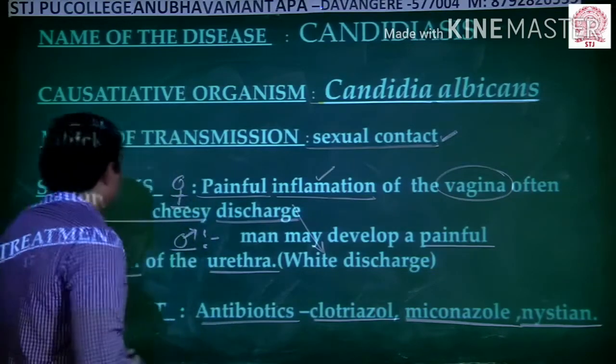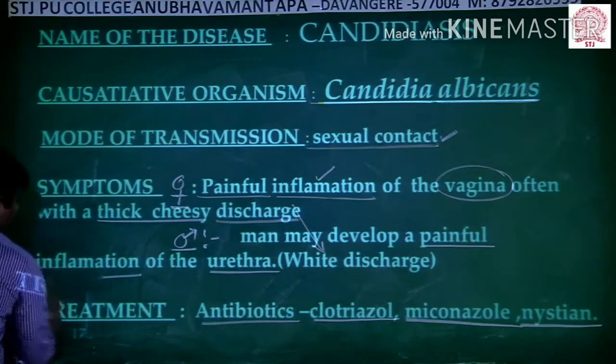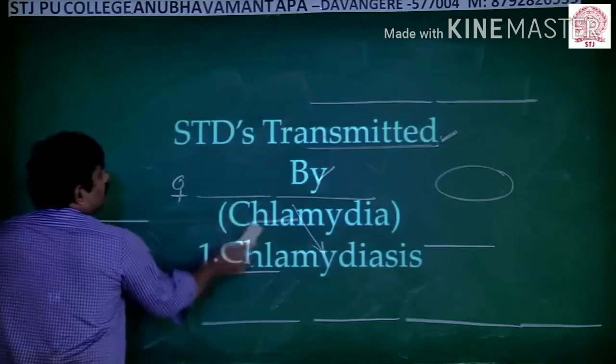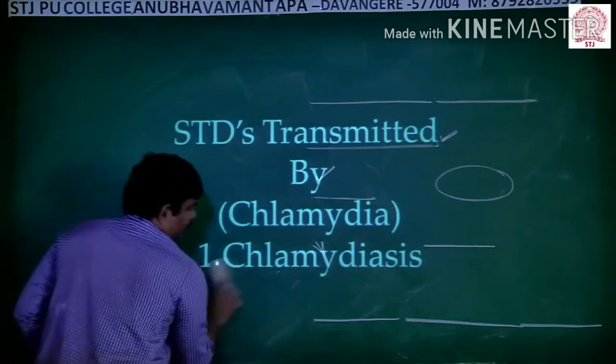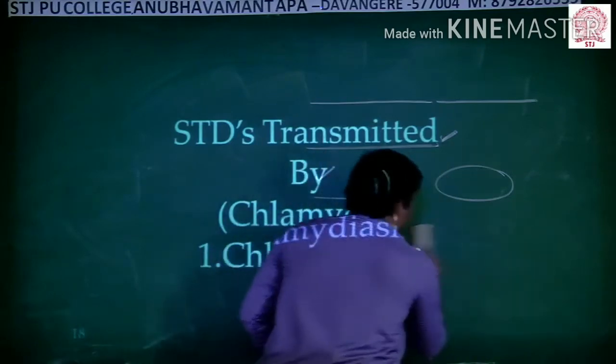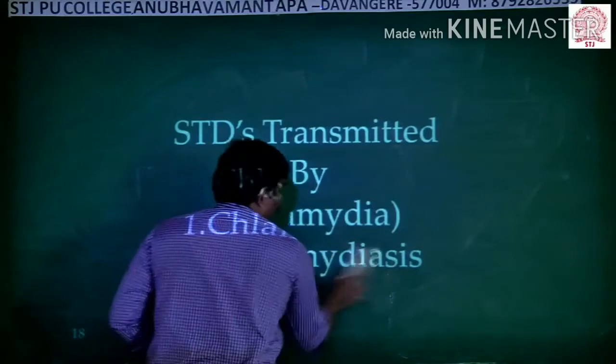infections. Let us see one more disease caused by a pathogen, that is Chlamydia. You might not have heard about this word under the microorganism groups earlier.